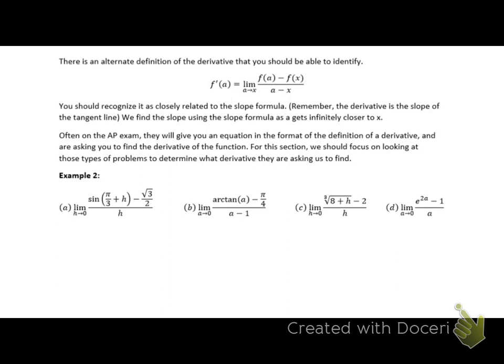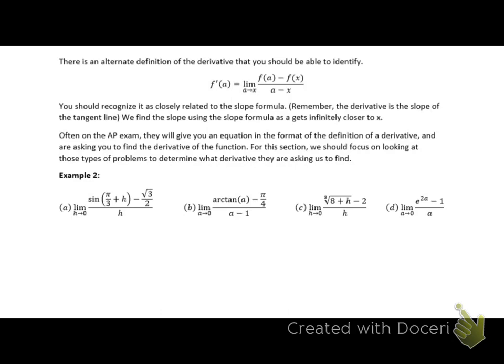Now, most of the time when you use these definitions, you're not going to be told to use the limit definition to find the derivative. There's actually other ways to do that, which we're going to look at next time. But what they will ask you is something like in example 2.